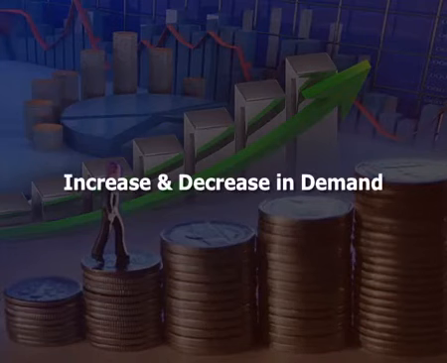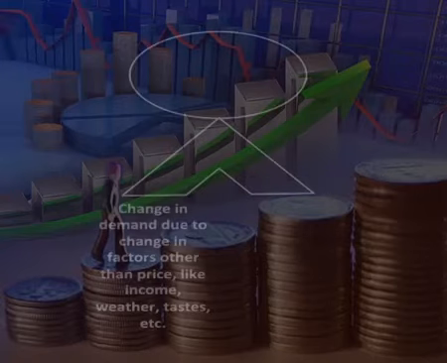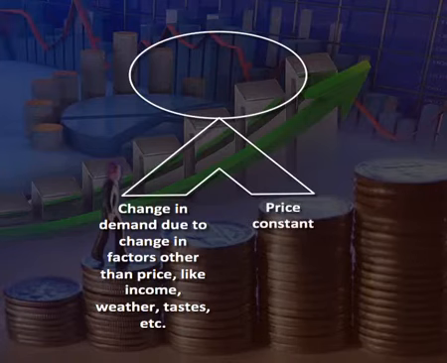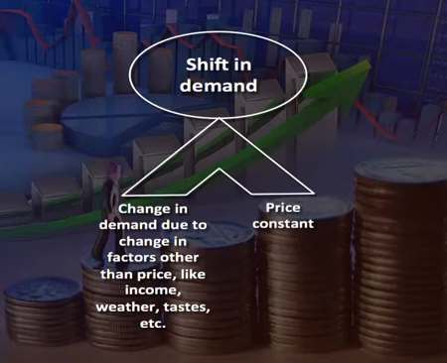Let's discuss one more related concept, that is increase and decrease in demand. When quantity demanded of a commodity increases or decreases due to change in factors other than price, the buyers shift from one demand curve to another. It is called increase and decrease in demand.